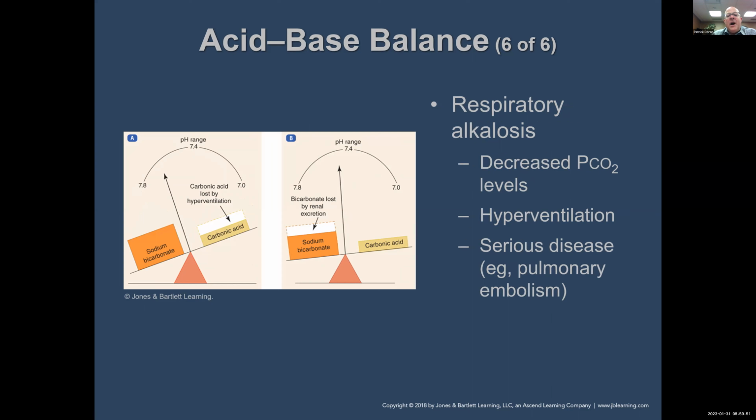Respiratory alkalosis then is where our carbonic acid, our CO2, is lost by hyperventilating, or let's say we have a PE that's causing poor gas exchange.